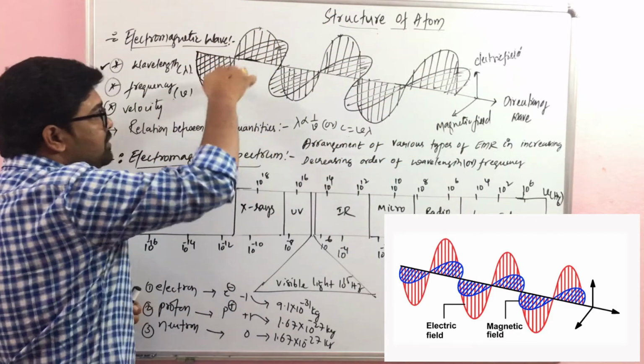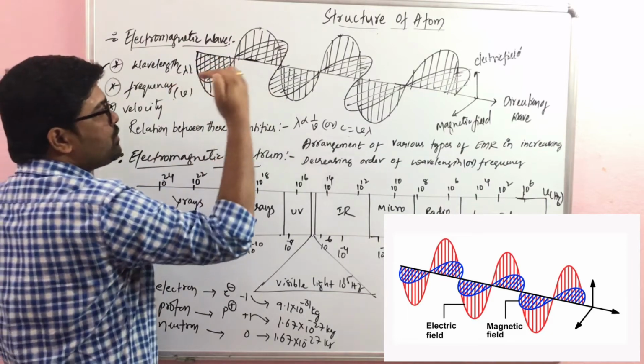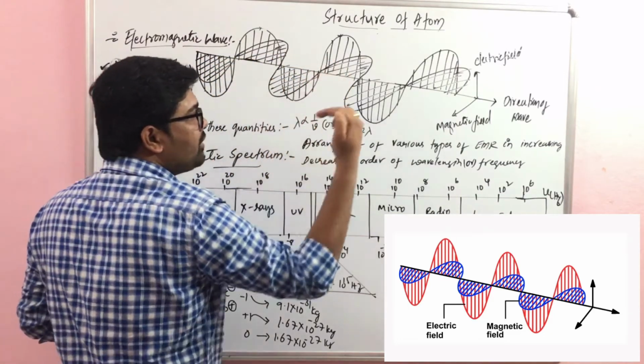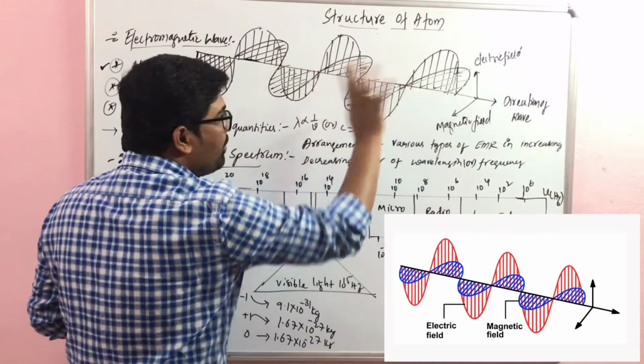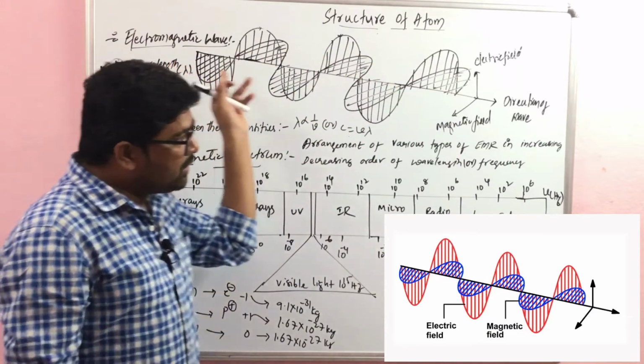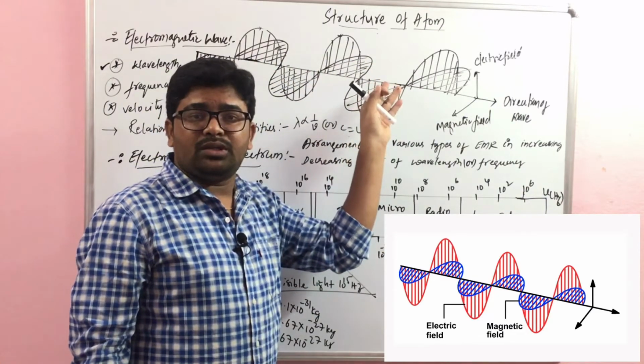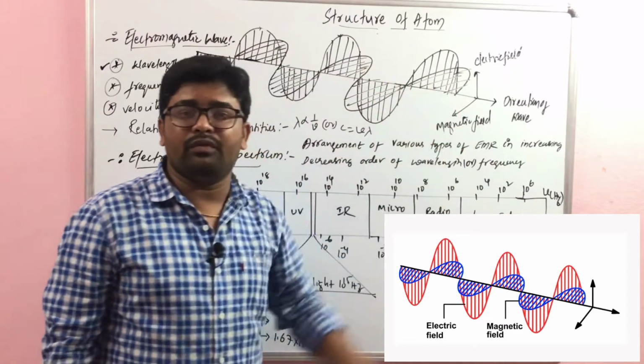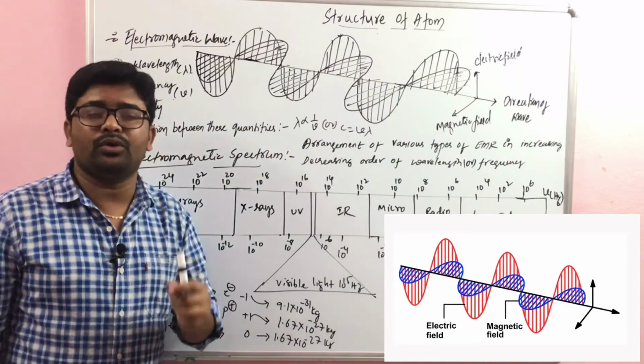Now this change in electric field will produce a change in magnetic field, and this process will continue until both the electric field and magnetic field become perpendicular to each other in the direction of the wave. Such a wave we call an electromagnetic wave. Is it clear?